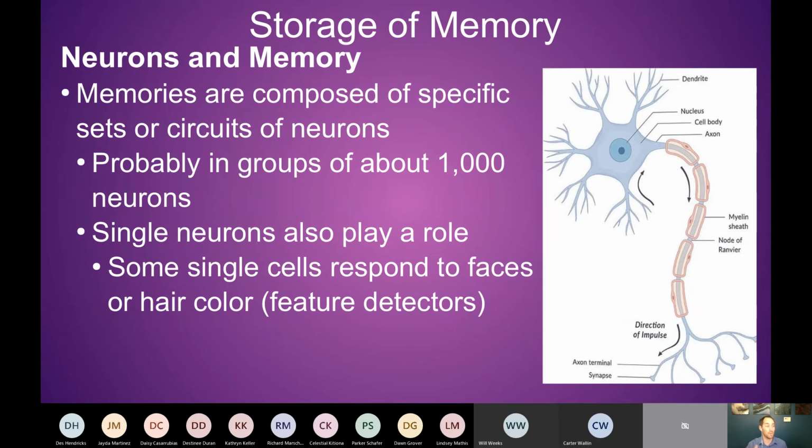You might have a couple of neurons that, when activated as you see a picture of someone's face, start a whole network of neurons and a bunch of memories.